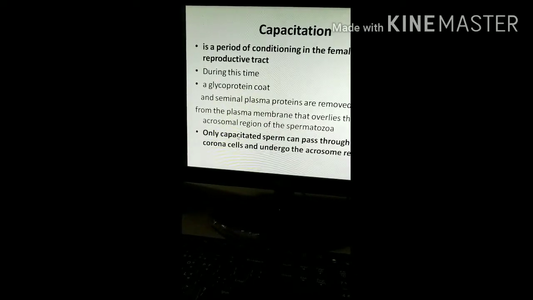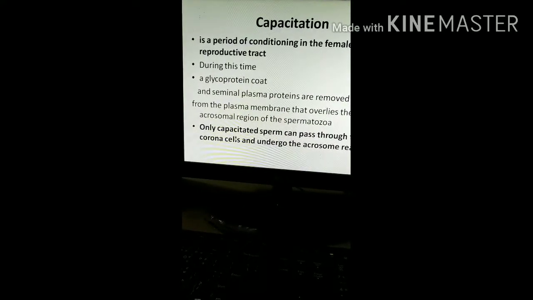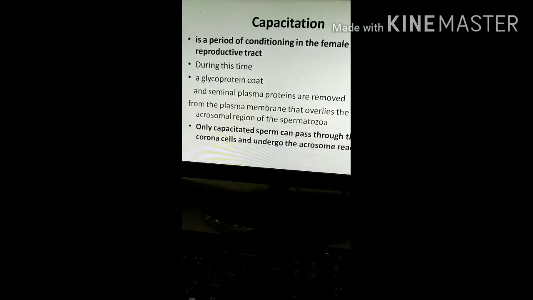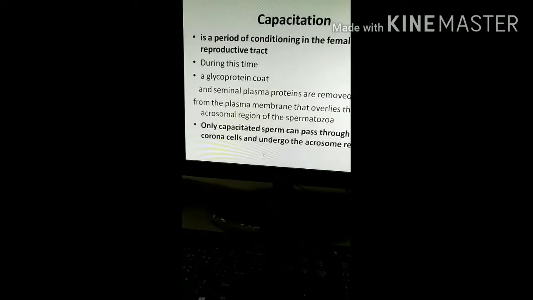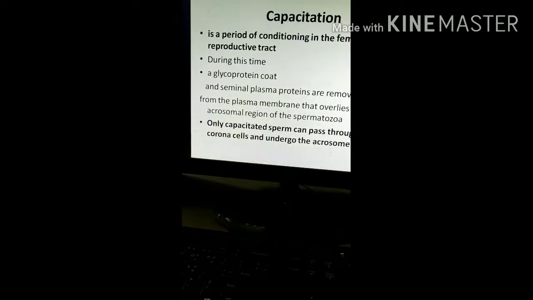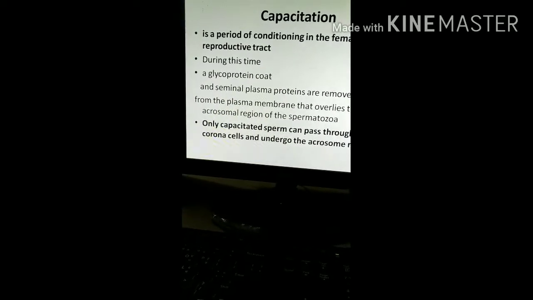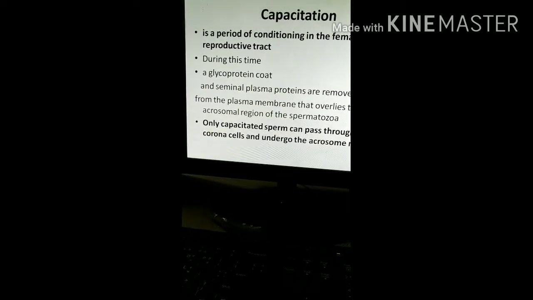This is the condition, and this is the capacitation of the sperm. This capacitated sperm can pass through the corona cells and undergo the acrosomal reaction. So the change is the removal of the glycoprotein coat and seminal plasma proteins which overlie the acrosomal region of the spermatozoa. This is capacitation.